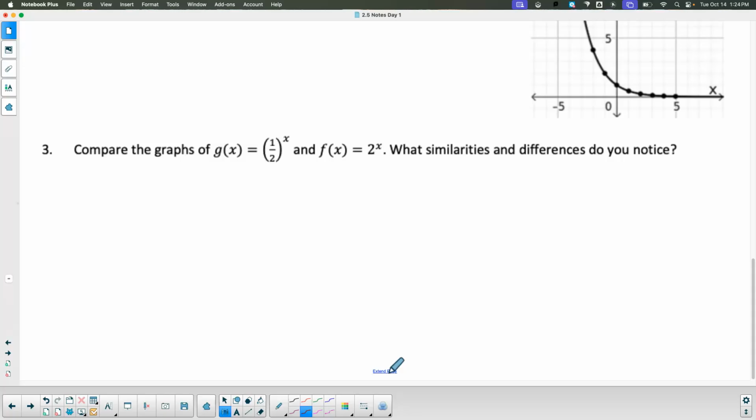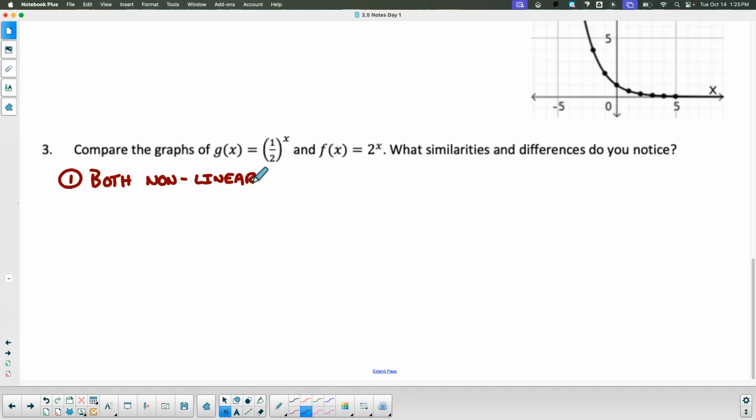Comparing the two graphs that are on page 21. Both are nonlinear. Both have positive values for all of their numbers.